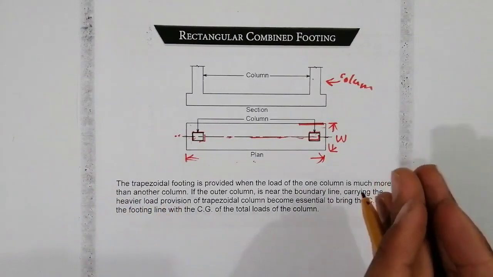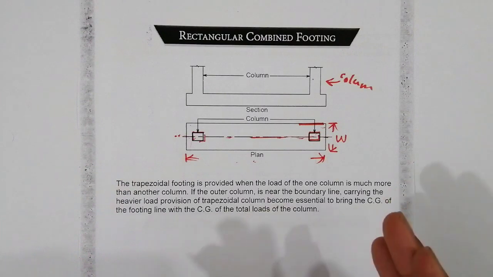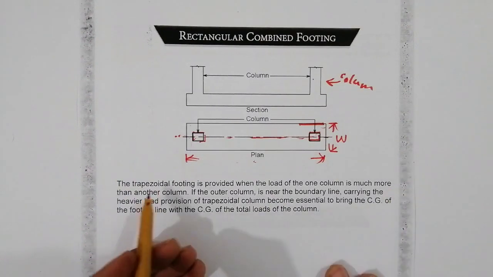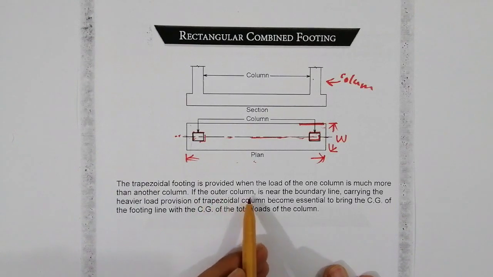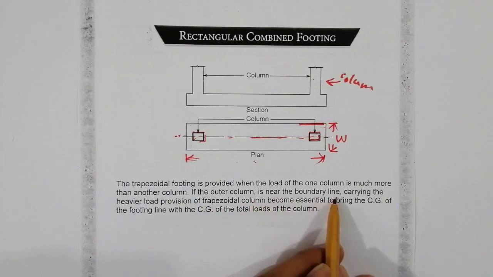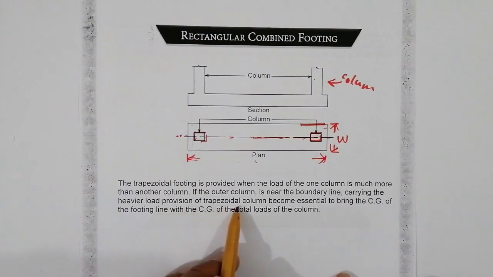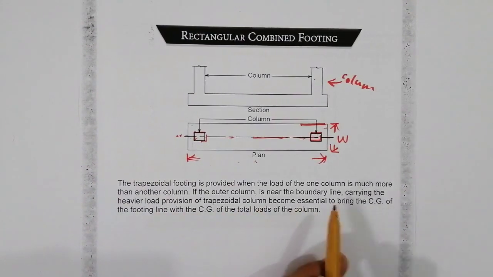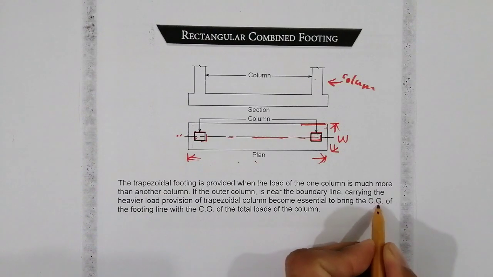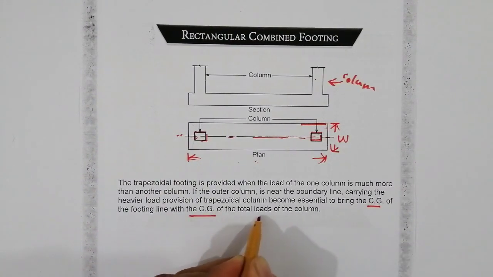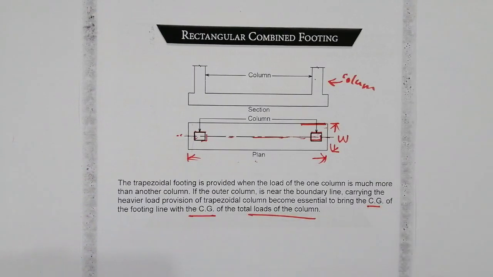If one column load is more and the other is less, then due to the more load of the column we provide trapezoidal footing. If the outer column is near the boundary line carrying the heavier load, provision of a trapezoidal footing becomes essential to bring the center of gravity of the footing in line with the center of gravity of the total load of the columns.